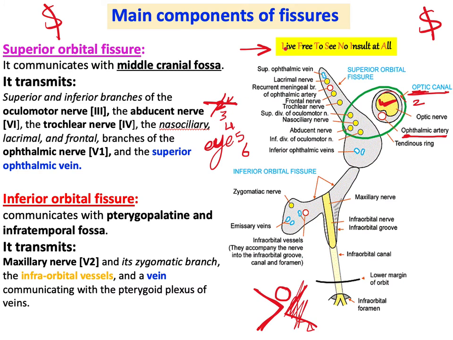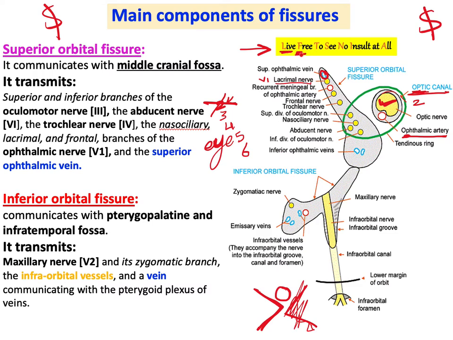Okay. This sentence is for the other nerves: Live free to see no insult at all. Before the nerves, you know the superior ophthalmic vein. We talked about it, and in this lecture we'll talk more about it. And you have the inferior ophthalmic vein. Forget that now. Now, Live: L is the lacrimal nerve, a branch of V1.